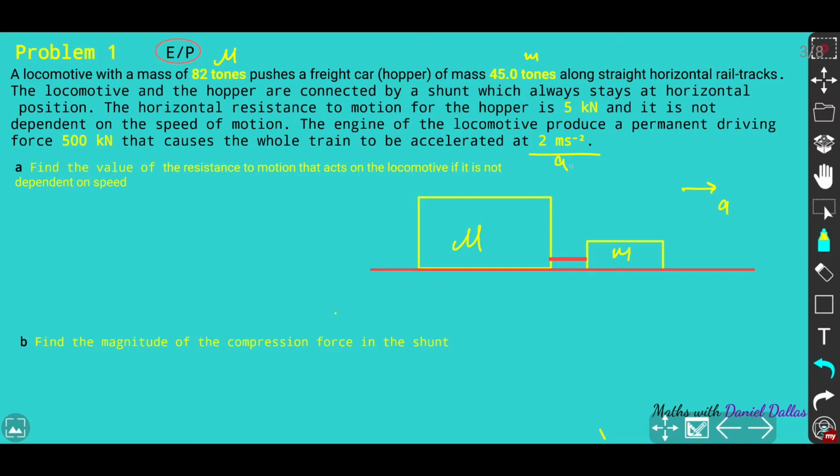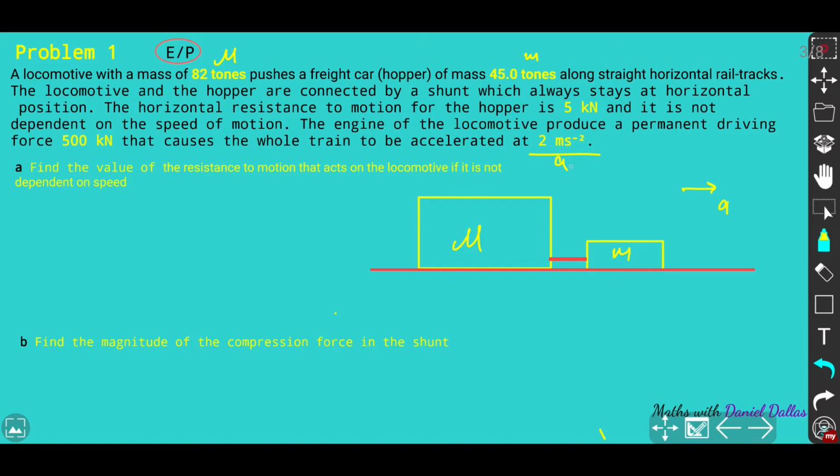What we're going to do is set up the force that acts on each separate object, or we can consider the whole system of two bodies as one object, which maybe will simplify our solution for this problem. So I'll show you two ways: if you separate them, and if you consider it as the whole one.